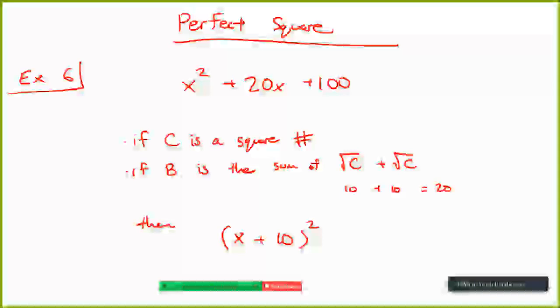And again, if you forget about the shortcut I'm teaching you, and you just factor this the normal way, it'll still work. We'd make our list of things that multiply to 1 times 100, 100, and then find the set that adds up to make a 20 in the middle. We split it up, factor away like normal. So you can still use our method, but these are shortcuts meant to make it faster for you.